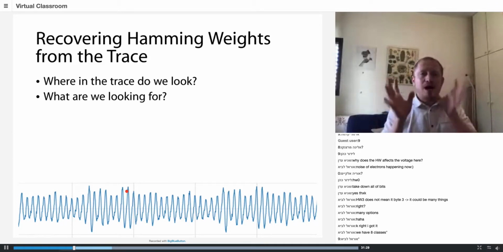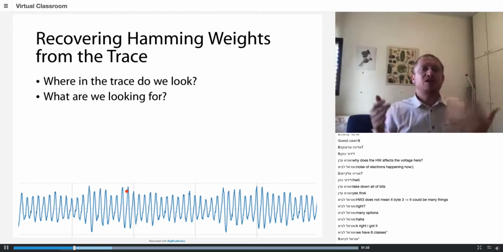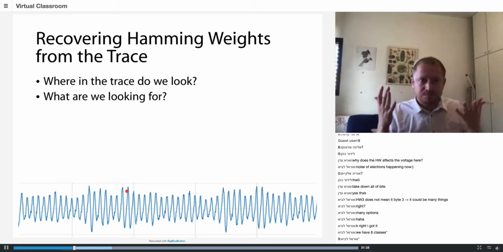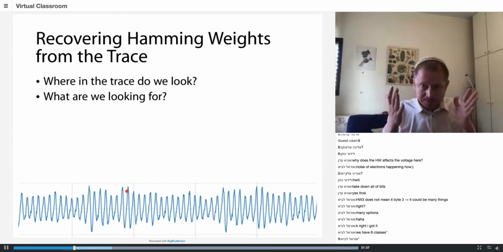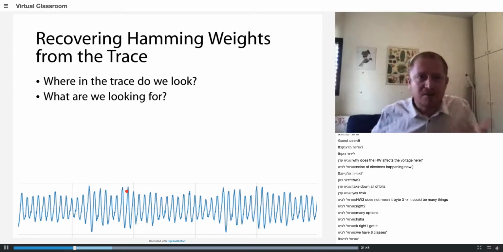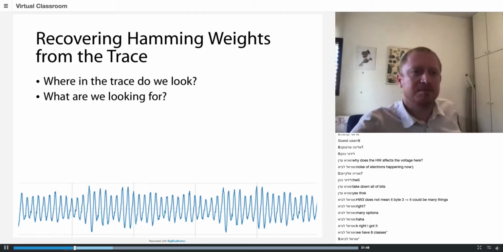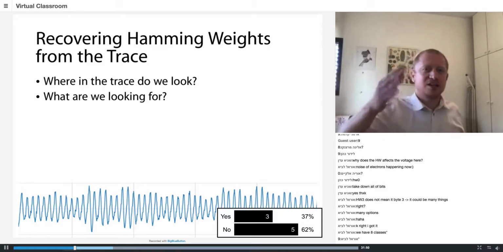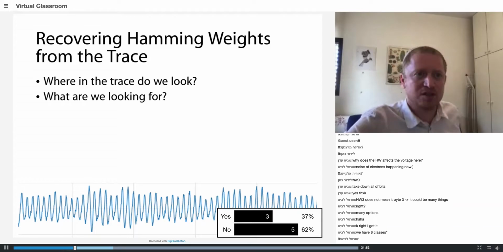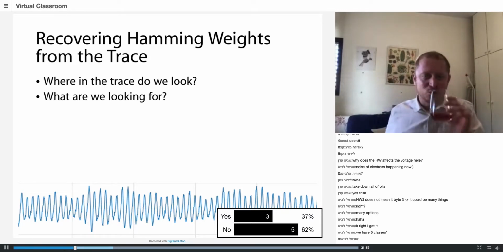Now I need to write a decoder which takes these interesting points as input and outputs the Hamming weight. Is this clear? Instead of looking at the whole trace, I found the right place, and now I just need to look at these 5 or 6 or 10 points and output the Hamming weight. Actually, I think I changed the polarity of the question in the middle, but I hope you'll survive. This is a tip of the tongue tour of this.